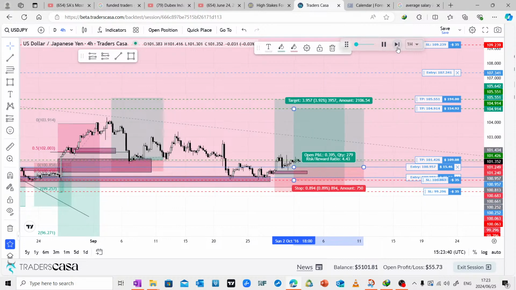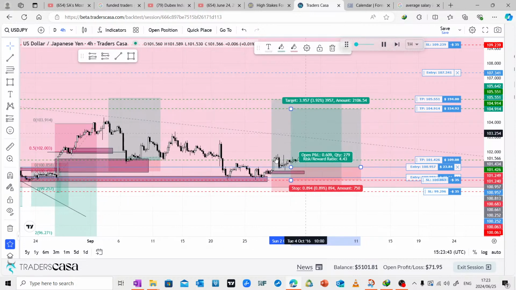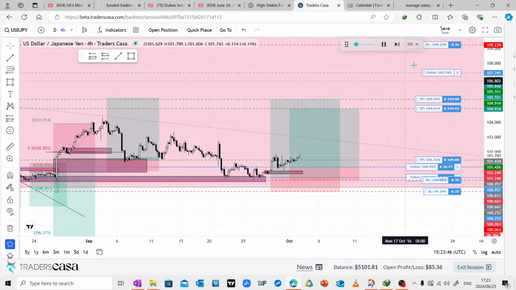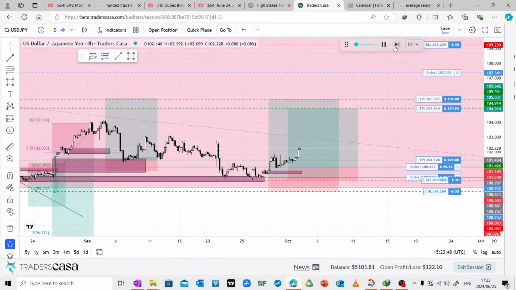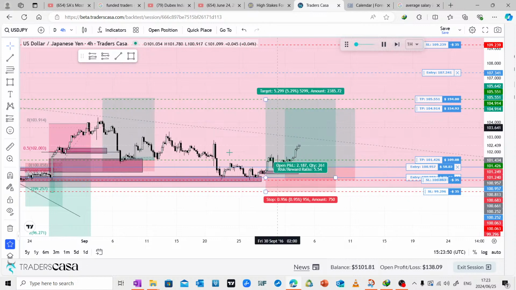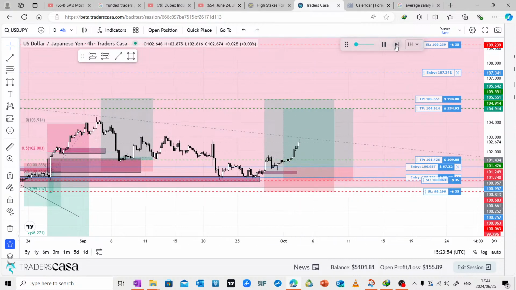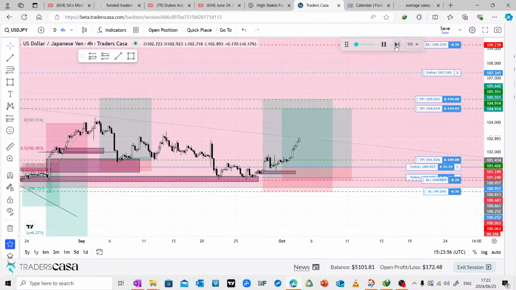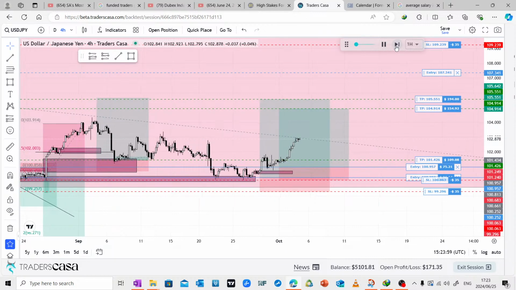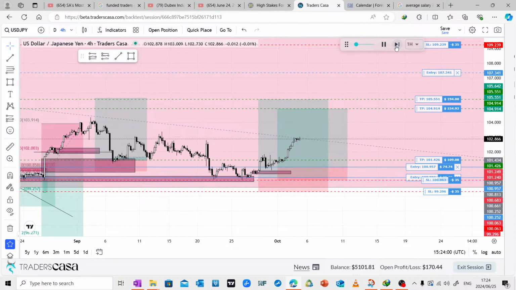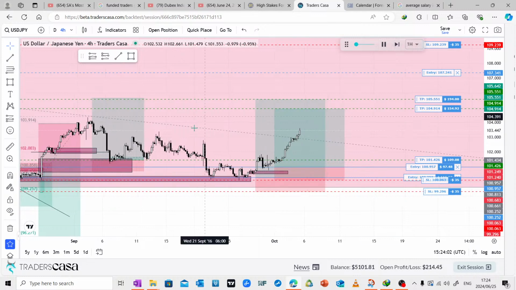Let's see a push to the upside to take out buy side that's resting above those highs. Taken buy side. Now the next buy side is here, so we can take some partials off. But let's just keep it.